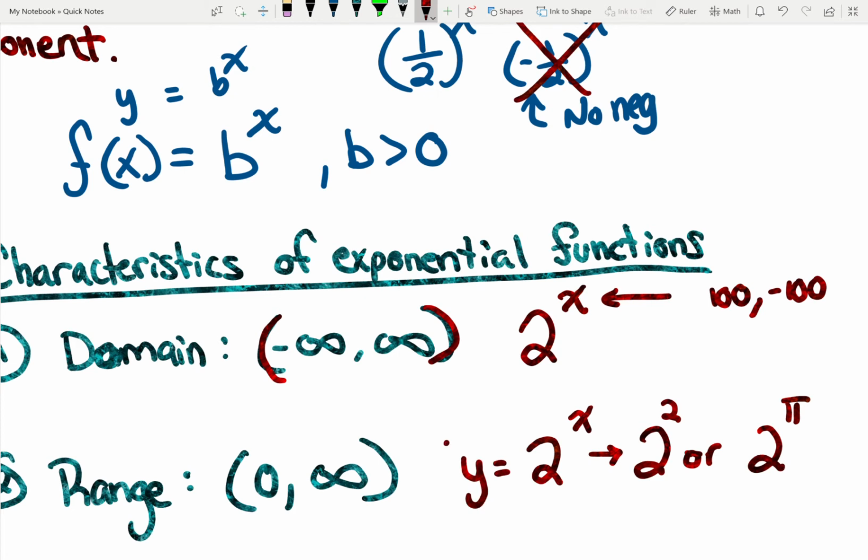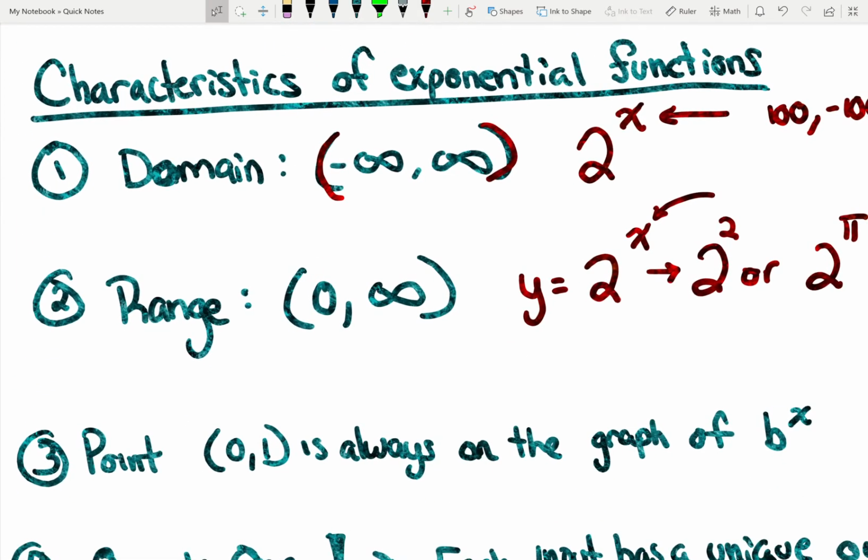No, there's no such number. Also, there is no number that I can plug in for x that will make this equal 0. 2 to the something will never equal 0. I hope that makes sense to you guys. There's no number that I can raise 2 to that will make it equal 0. That's why our range, the y values that I can get for this function, are always going to be 0 to infinity.